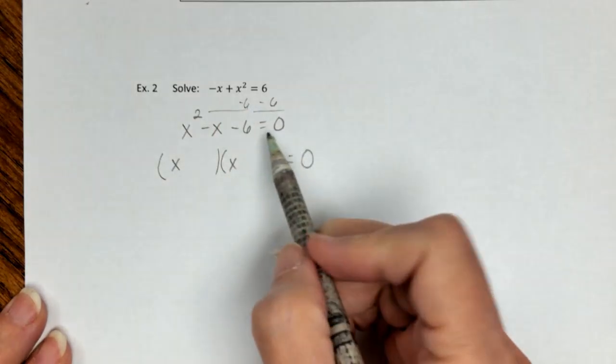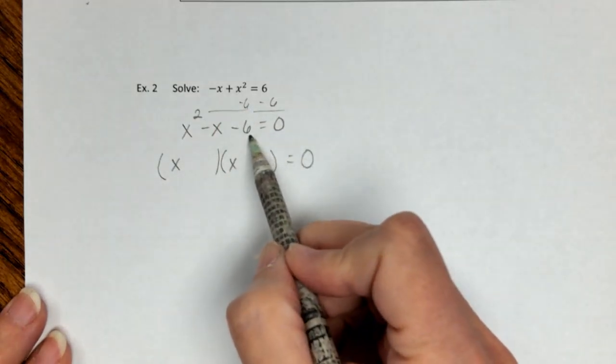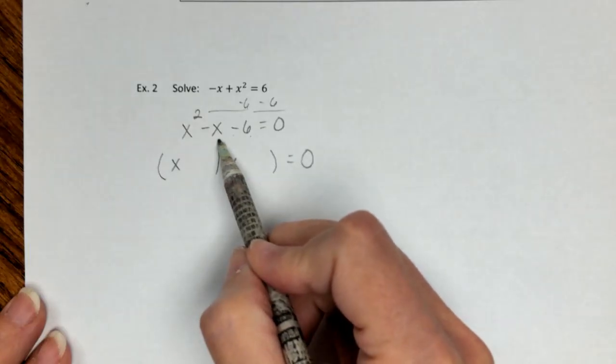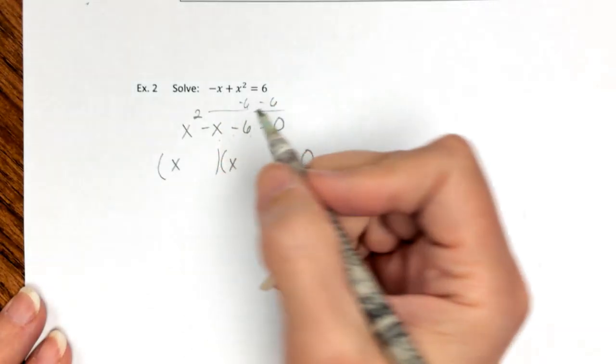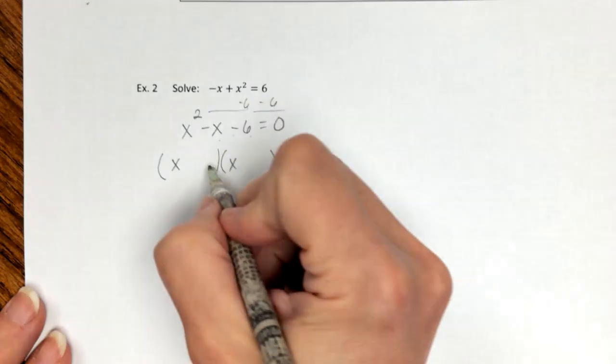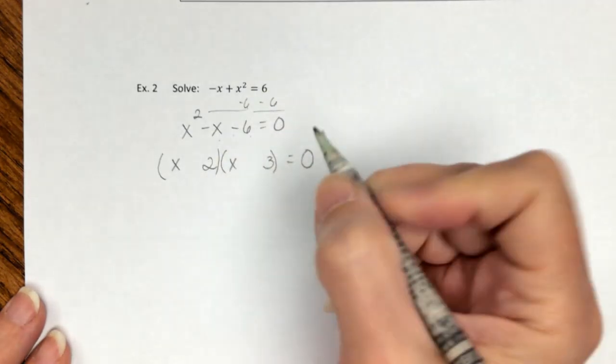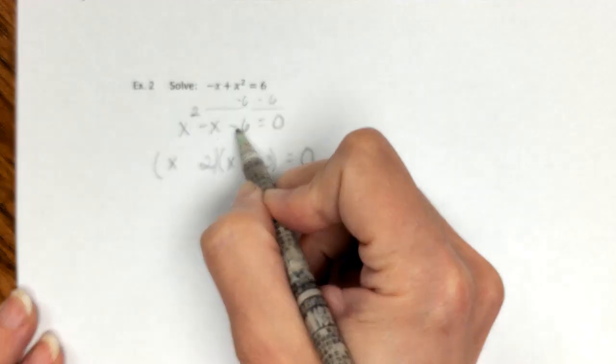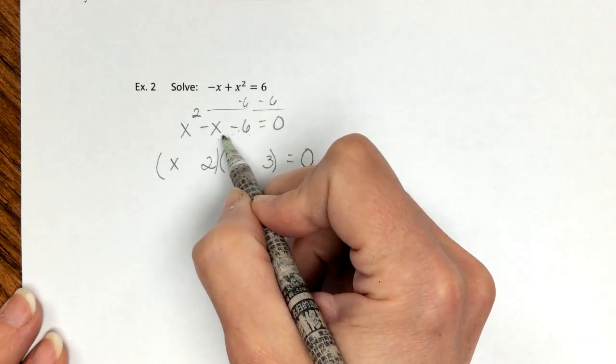So for the numbers, I need factors of 6 that I can subtract to get 1. So it's going to need to be 2 and 3.